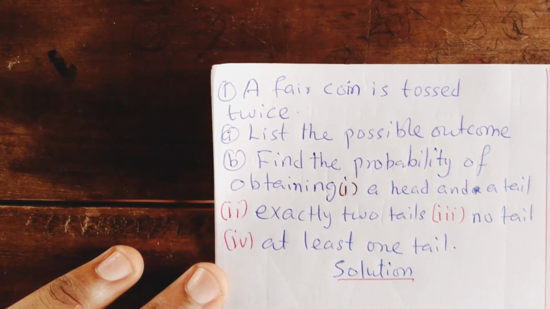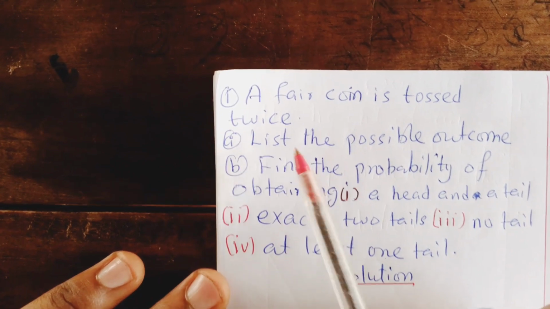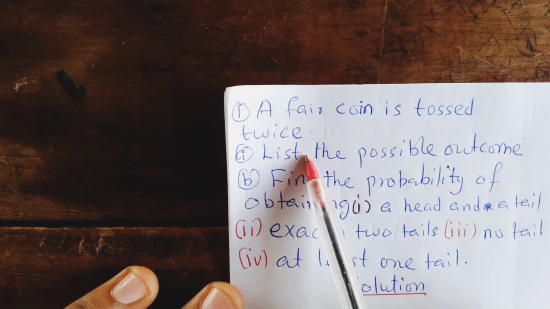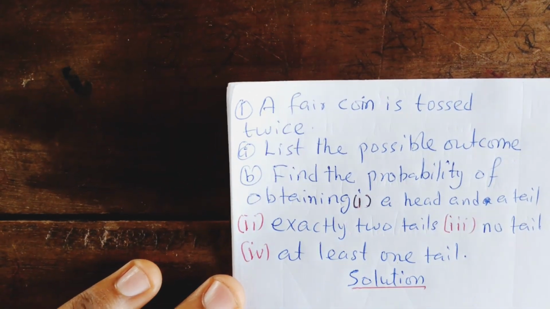All right. So when you toss a coin twice, it's the same as tossing 2 coins at the same time.